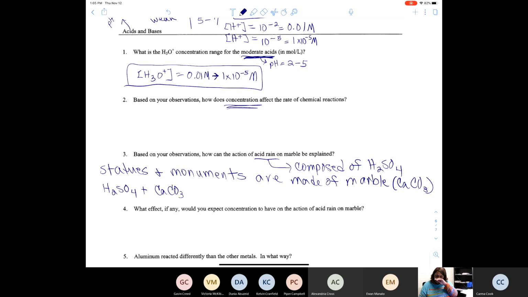So the acid, what it's going to do, it's going to cause the calcium carbonate to break down. Now, the acid rain also consists of the nitric acid as well, but we didn't observe the nitric acid. So in your answer, just focus on the sulfuric acid.